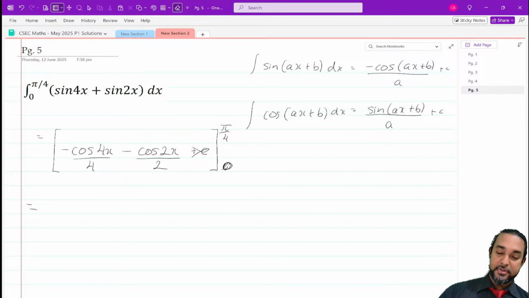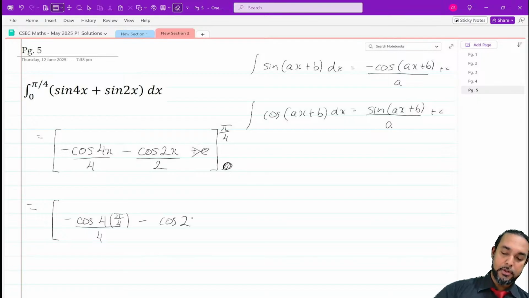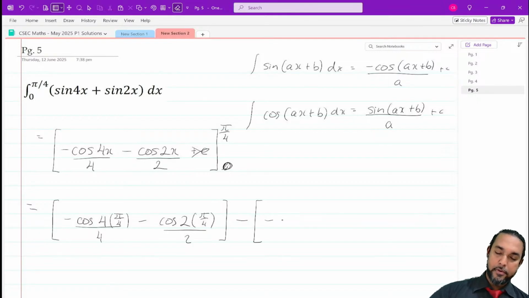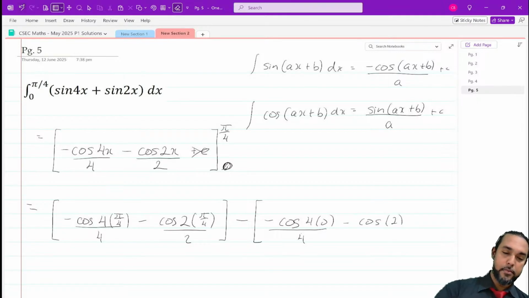Right, okay. When we substitute, what's going to happen? You're going to get the negative of cos of 4 by pi over 4 all over 4, minus cos of 2 by pi over 4 all over 2, minus the same expression with 0: cos of 4 by 0 all over 4 minus cos of 2 by 0 all over 2.